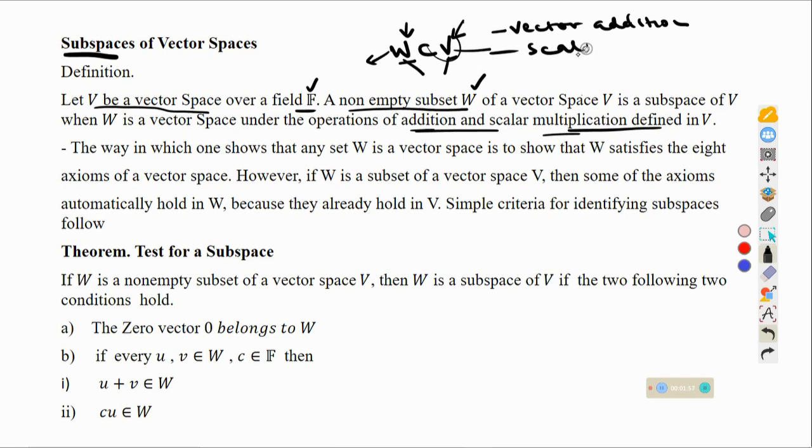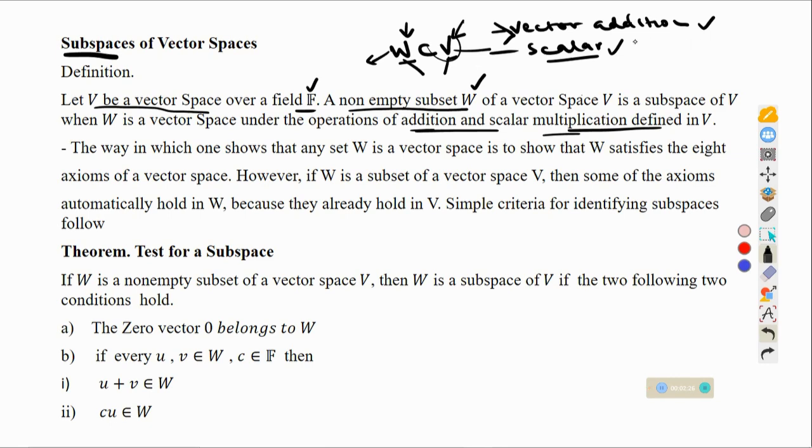By the time you define a vector space, you need to define its vector addition and scalar multiplication: what is the addition of any two vectors within that given set, and how do I deal with the scalar multiplication of any scalar and a vector from the same set.